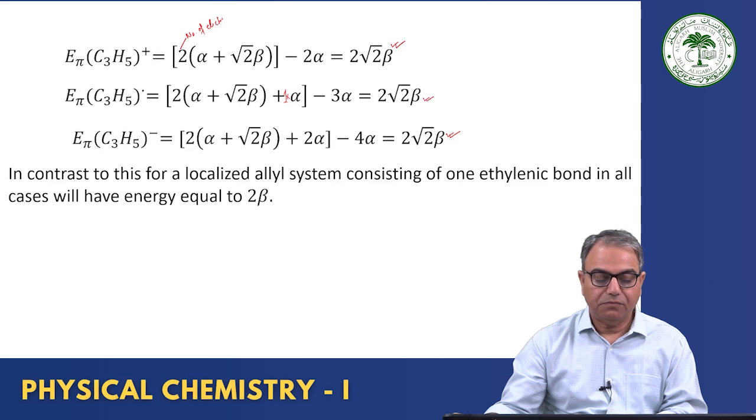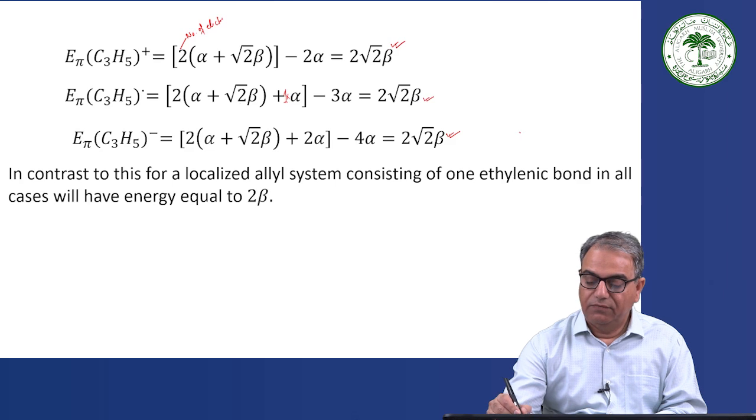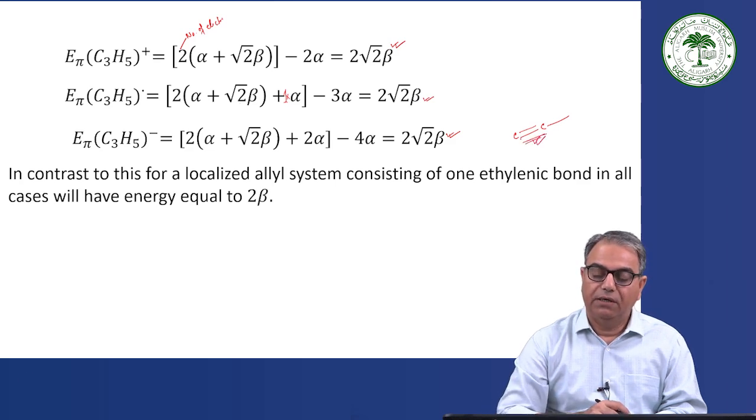Okay. In contrast to this, for a localized allyl system consisting of one ethylenic bond only, in all cases we will have energy equal to 2 beta. So, if you have an allyl system, C double bond C like this one, and you have restricted this to one ethylenic bond, then the energy was only 2 beta.